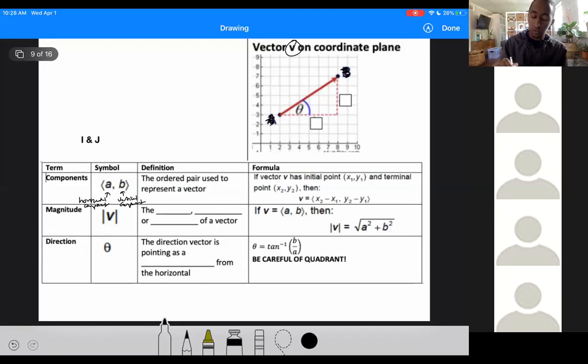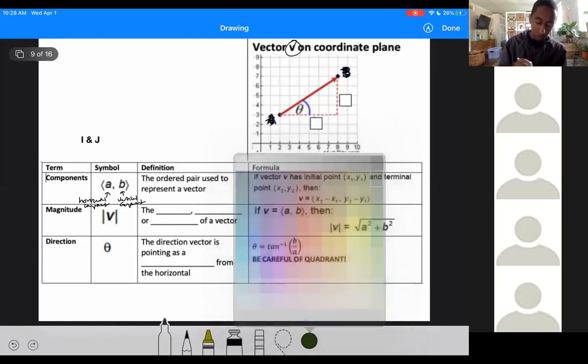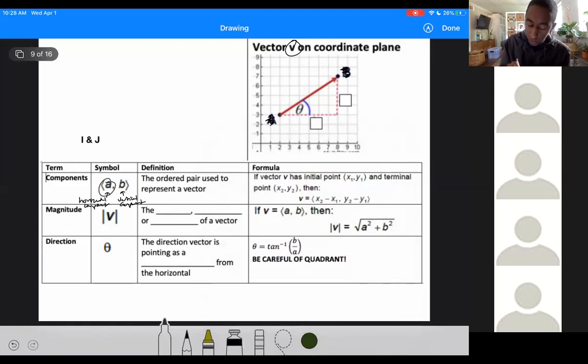Okay. And so if you were writing the component form of this, you write the horizontal component a, which is this. That's your horizontal component, which in this case you would just count the distance here. 1, 2, 3, 4, 5, 6.